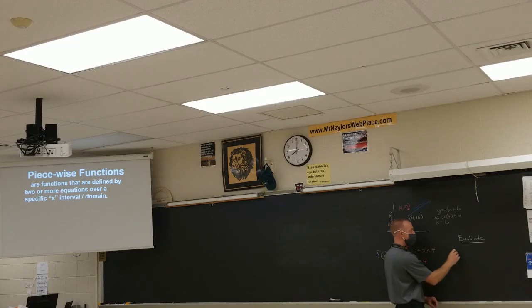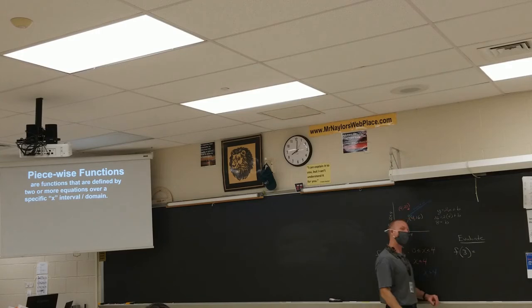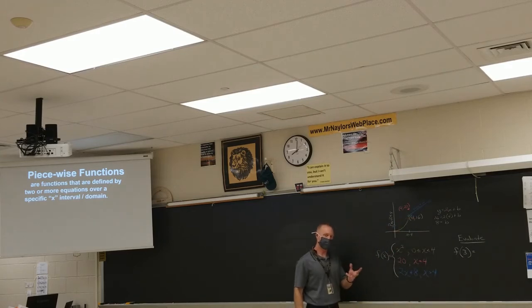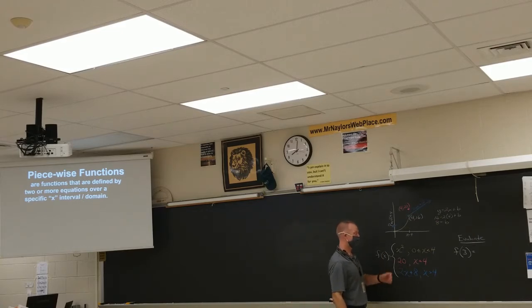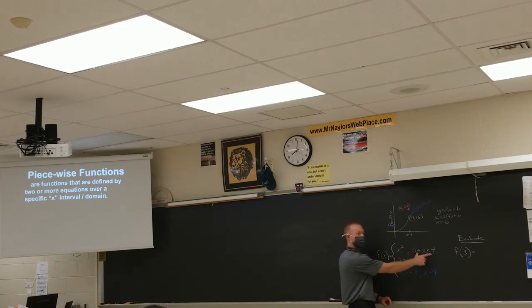So if you see the notation f of, I don't know, 3, you want to think back and you want to remember, okay, that just means plug in 3. Of course, when it comes to plugging 3 into this function, there's only one piece that it fits into. So when I plug in 3, it's only going to fit in the piece that calls for numbers like 3, numbers that are between 0 and 4.